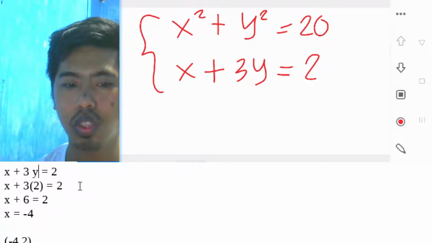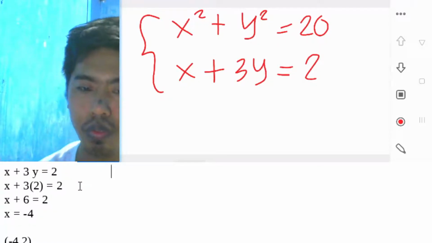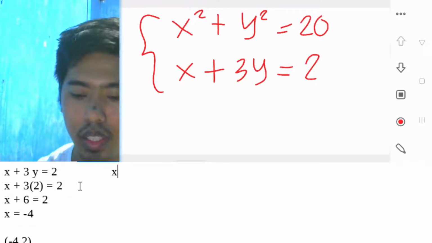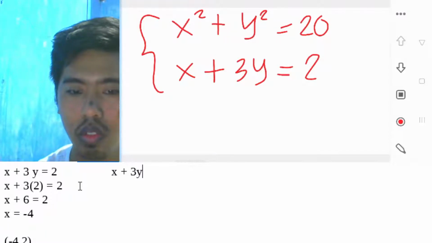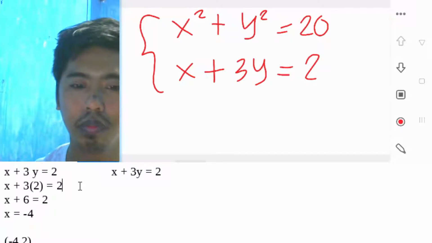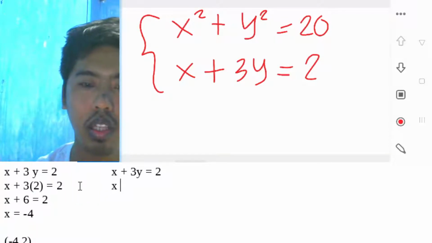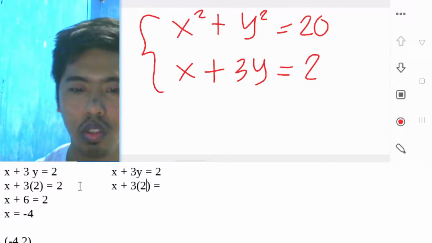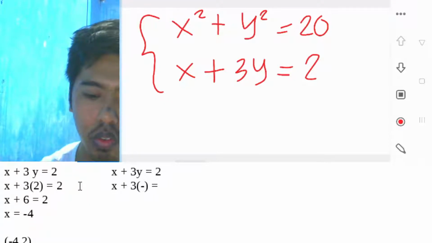Now let's proceed to the second one, where y is negative 4 over 5. x plus 3y equal to 2. Sorry, it's negative 4 over 5.